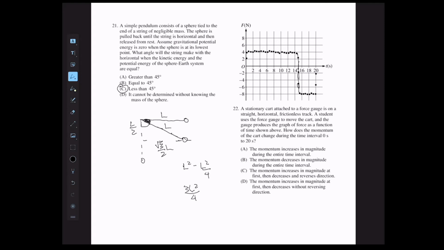It's about 15 times 4, that's like 60, and then like 5 times 8, that's like 40. So it increases and then decreases without changing direction, because it only decreases by 40, but the net impulse never becomes negative.